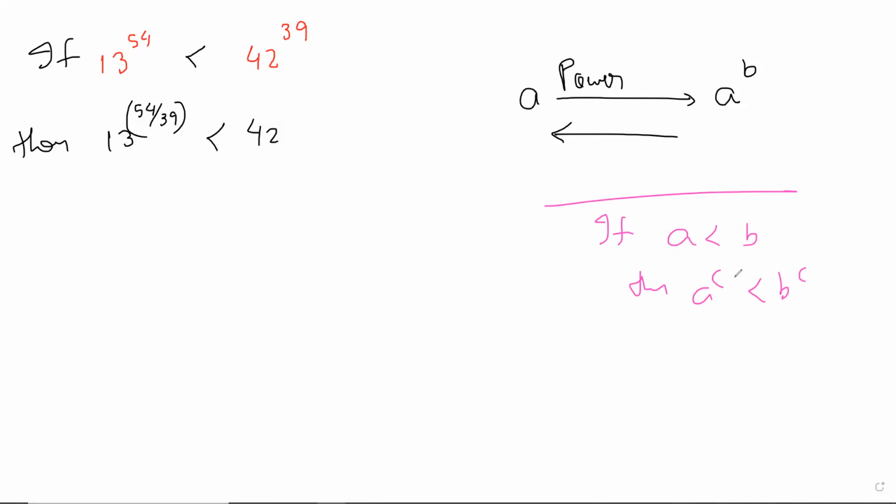Is this always true? This is always true for any positive numbers, right? If they are positive. So they don't even have to be bigger than 1, right? Or do they have to be? No, right? Is there any condition on C?